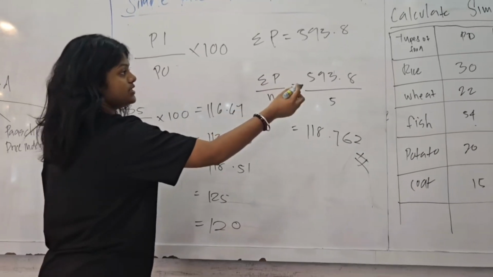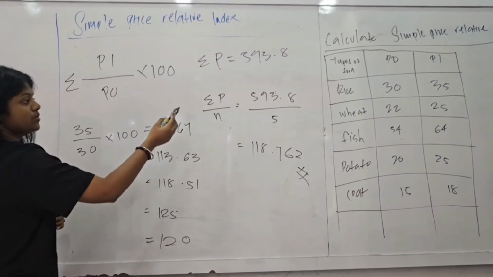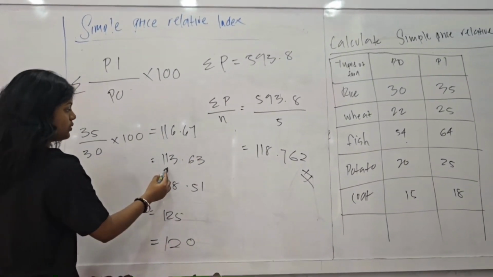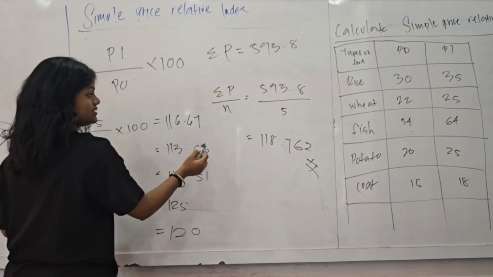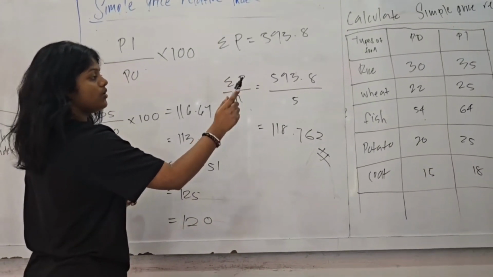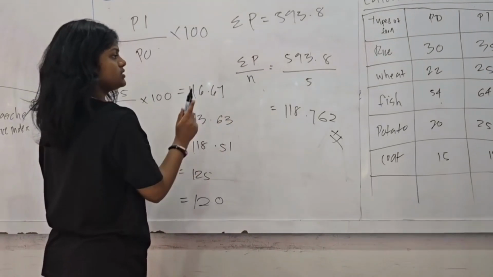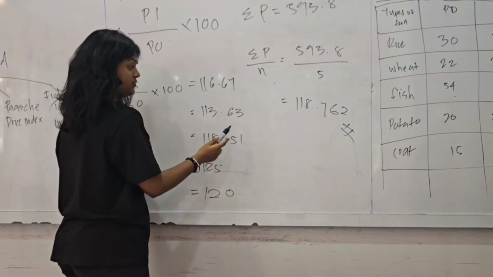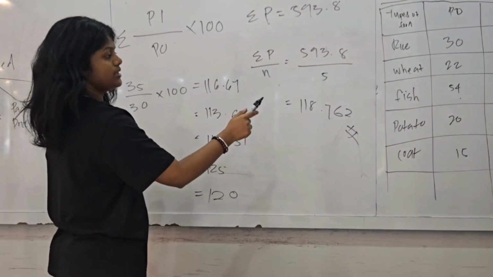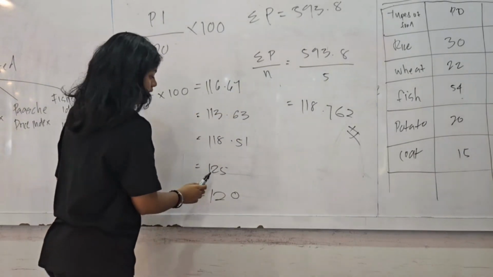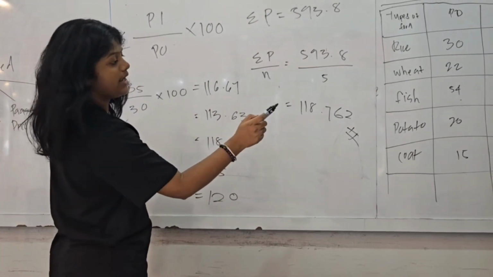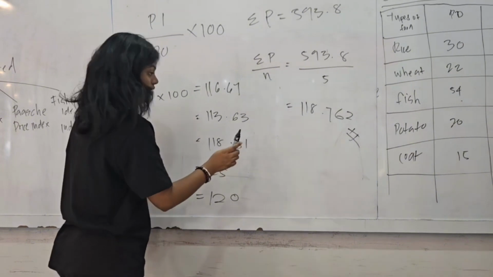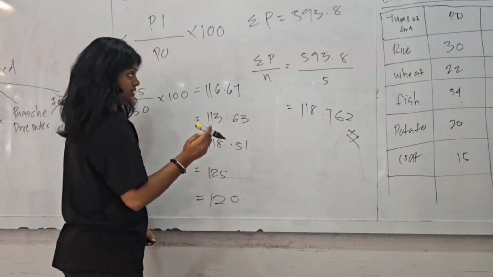So 25 over 22 times 100 is 113.63. So 64 over 54 times 100 is 118.51. And 25 over 20 times 100 is 125. And then 18 over 15 times 100 is 120.